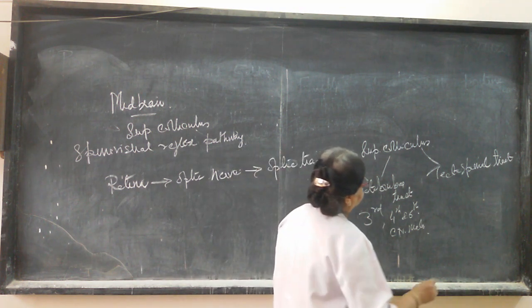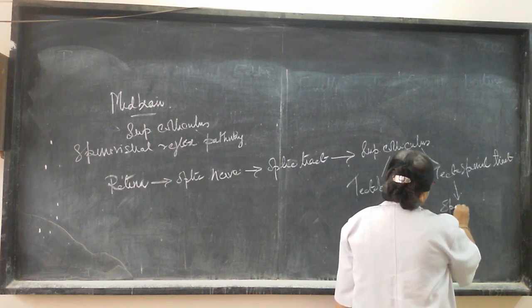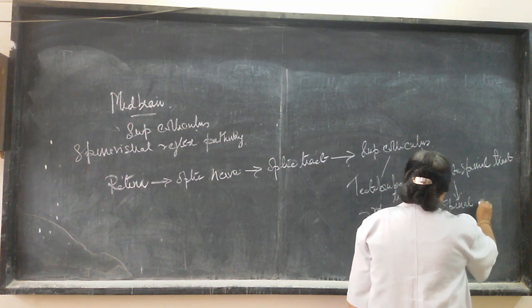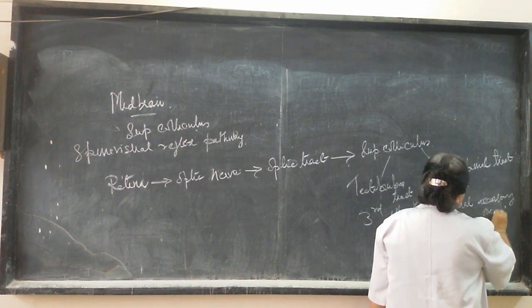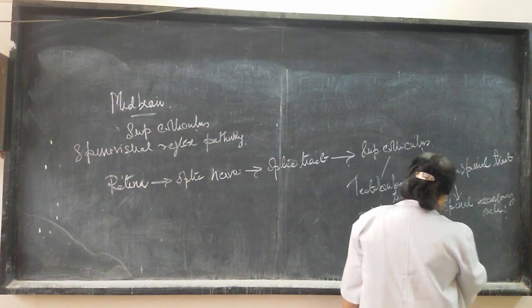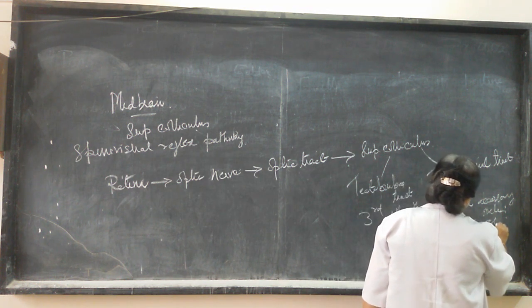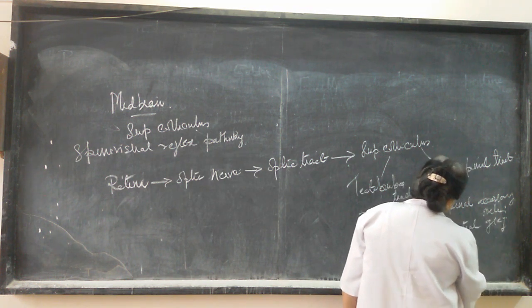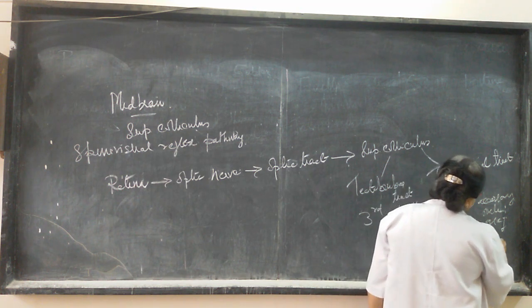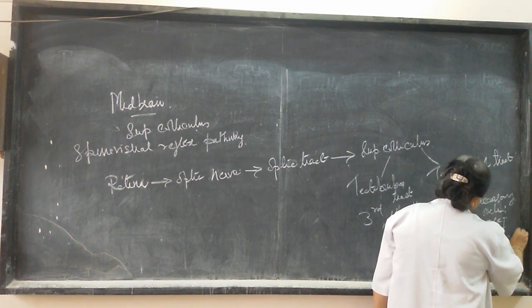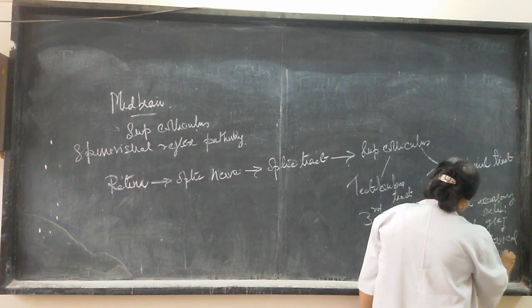And the tectospinal tract terminates in spinal accessory nucleus and ventral gray column of cervical spinal segments.